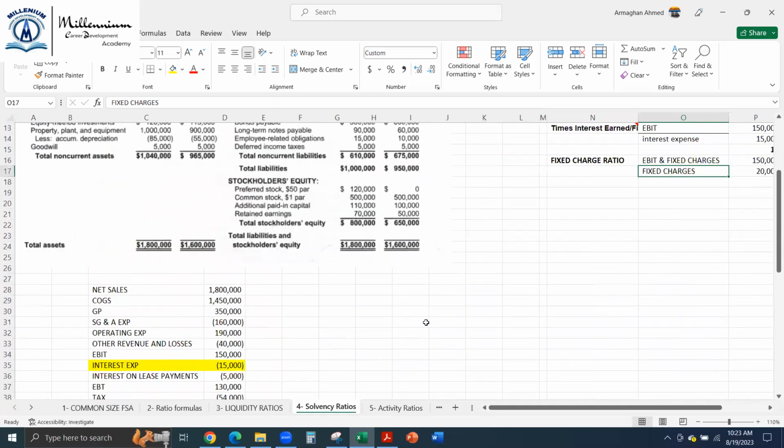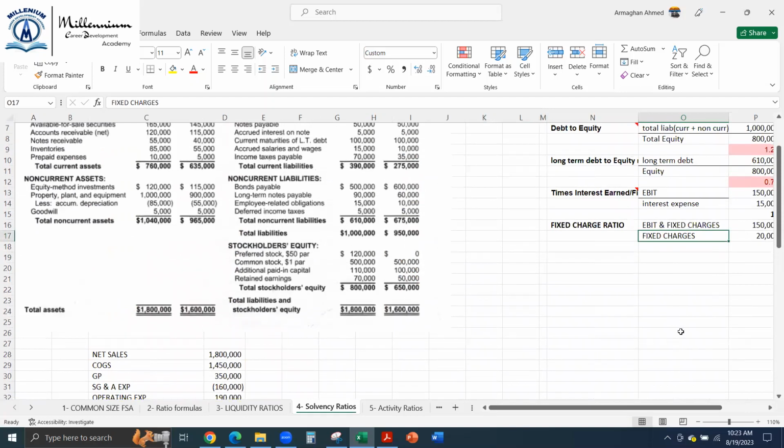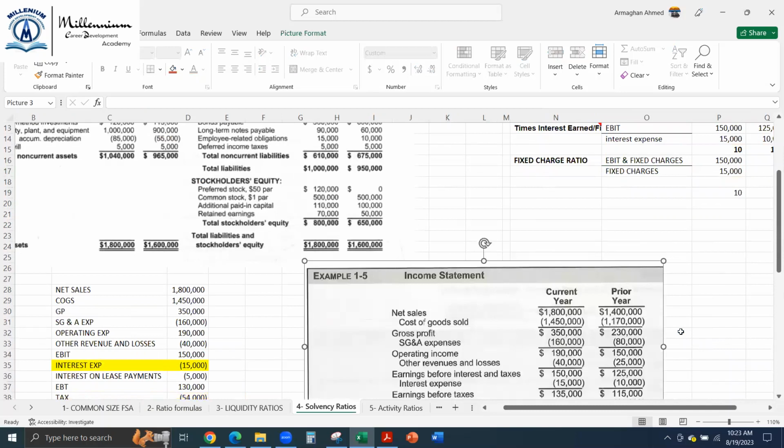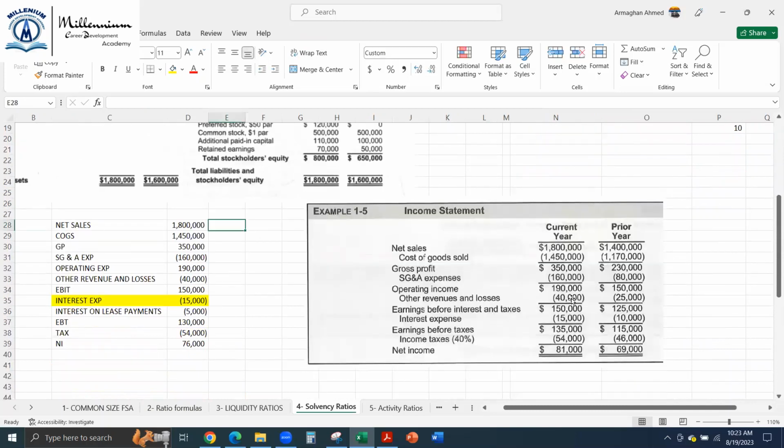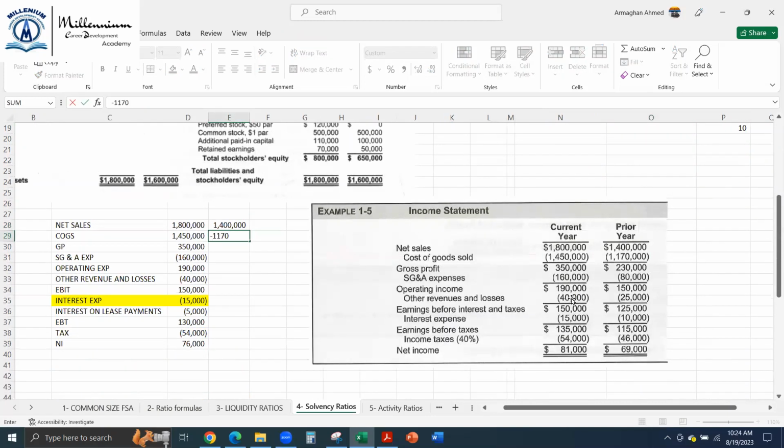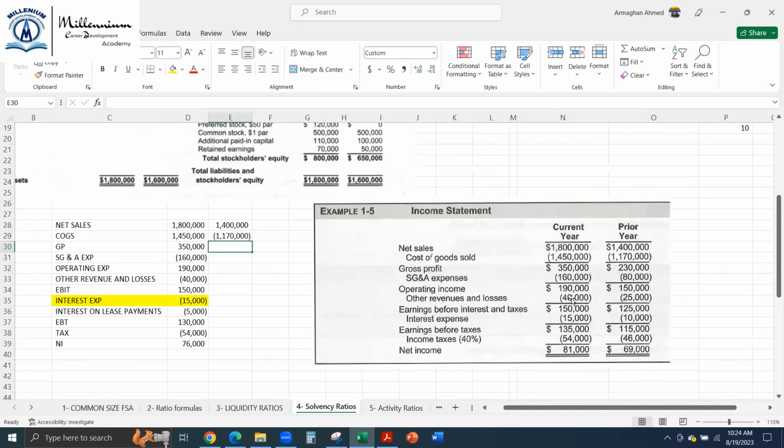And if you want to calculate, let's say, the previous year, I think I deleted it. So let me make it 1400,000 minus 1170. So 30. 14 minus 11, 22, 30 minus 50,000. So we can see 230 minus this figure 150 minus 25,000.